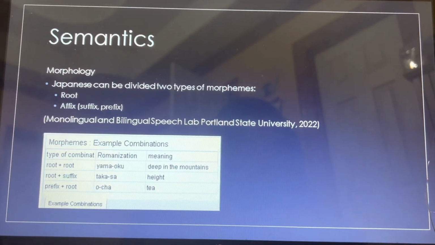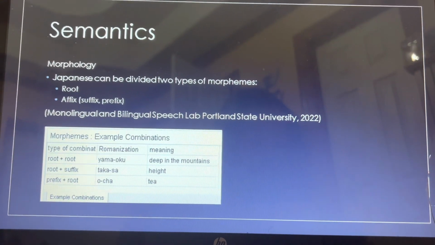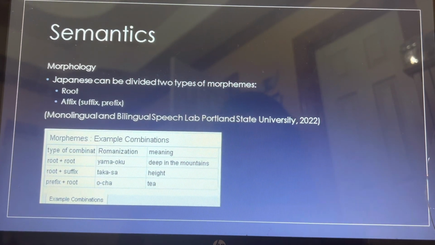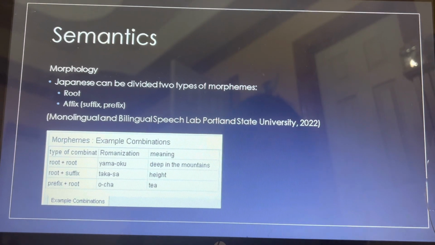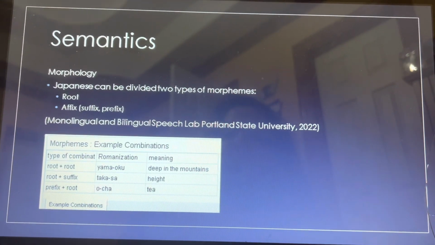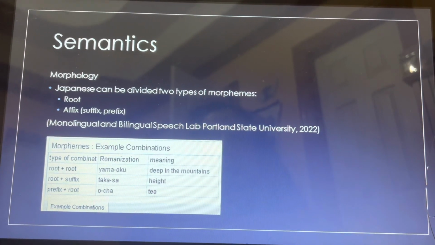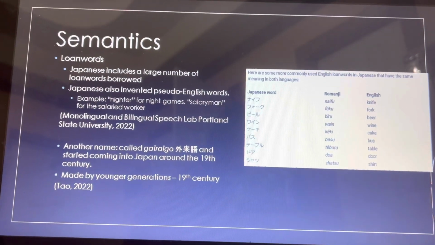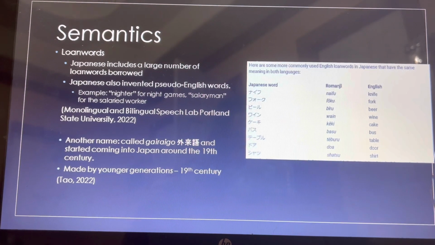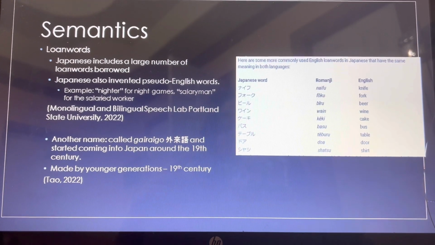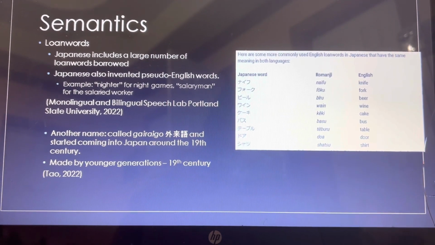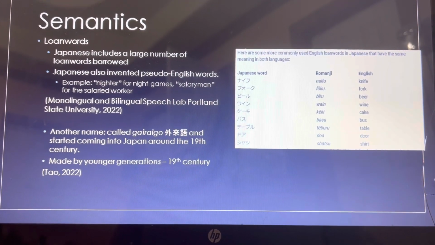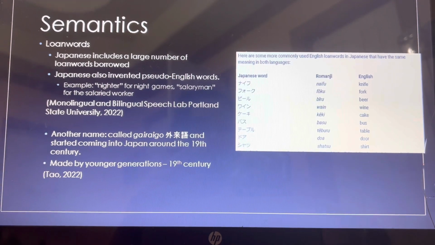So now moving on to semantics. Japanese is typically divided into either the root or affix, as you could see there, and then I put little examples that I found. Okay, and then moving on, we have this interesting part of the Japanese language called loanwords. Loanwords are words that are taken from another language, as the name implies.